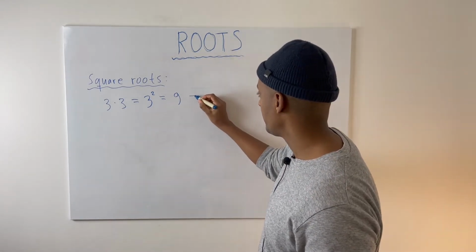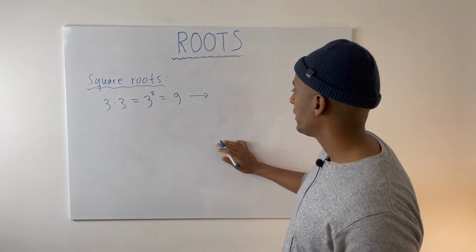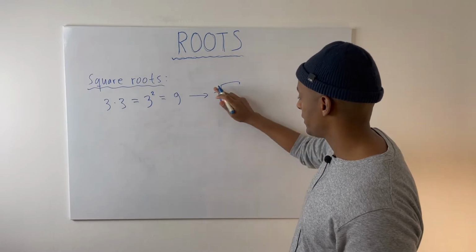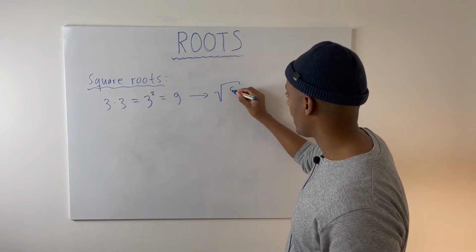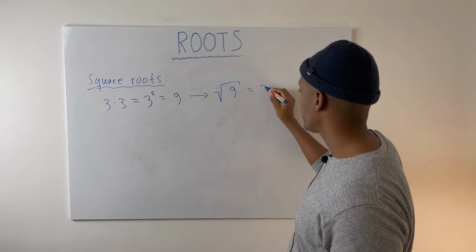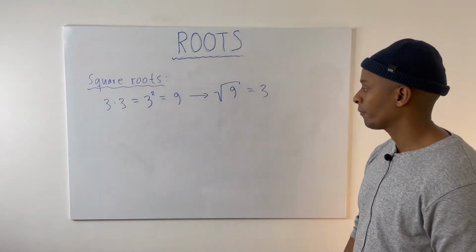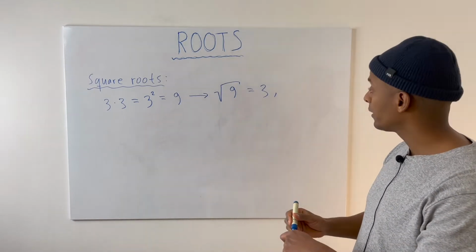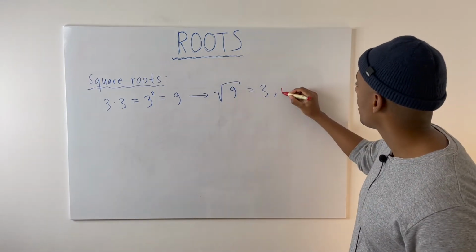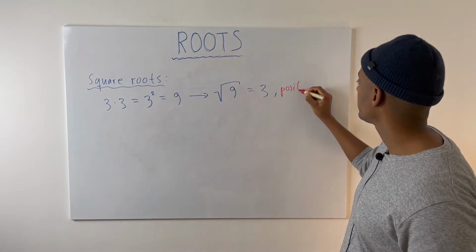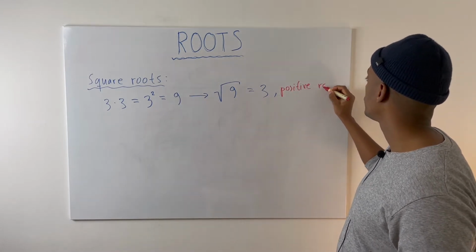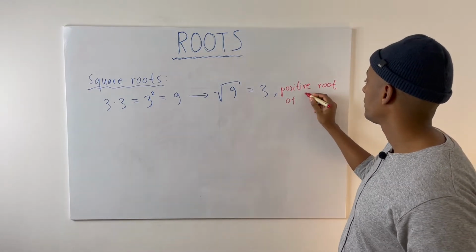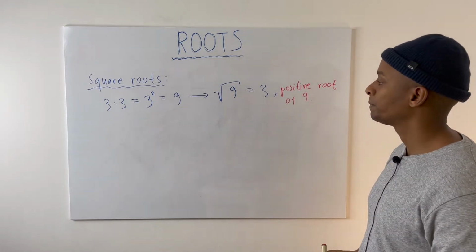And that's the same as saying that the square root of 9 is equal to 3. So we say that 3 is the positive root of 9.